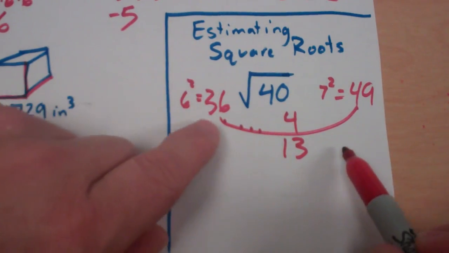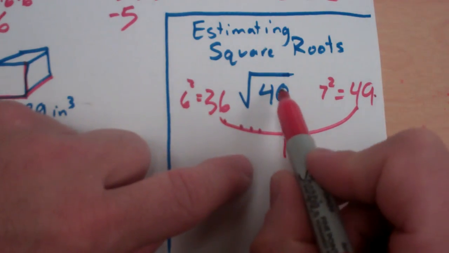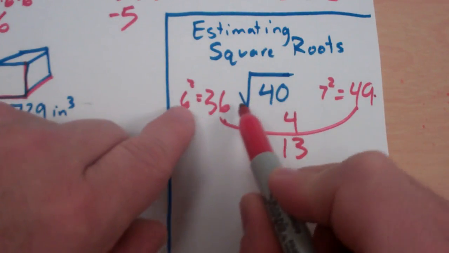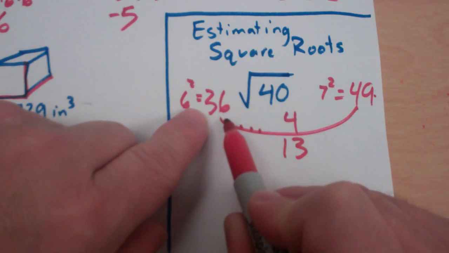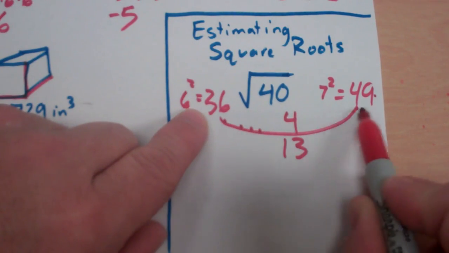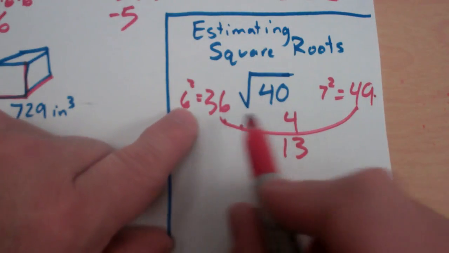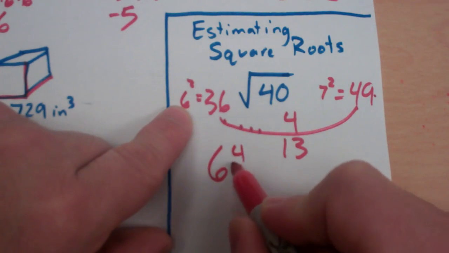Notice I got this from the distance between the perfect squares that it's between. I got this by subtracting the lower one from the number I actually want to find out how far along this continuum I am. There are 13 steps to get there. I'm only 4/13ths of the way. So a decent estimate for this would be 6 and 4/13ths.